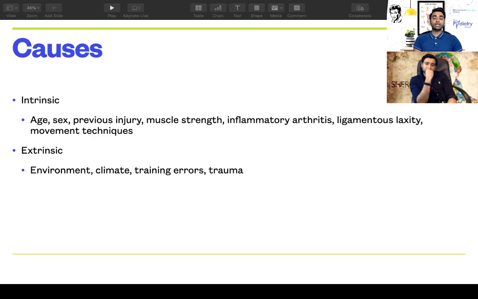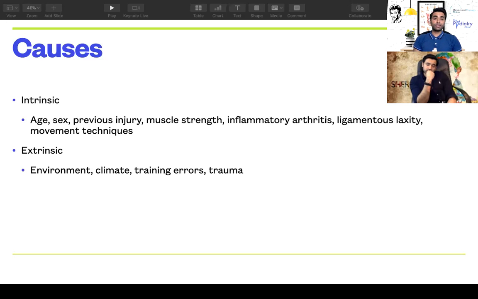It's something which gets affected in rheumatoid arthritis, ankylosing spondylitis, or psoriasis, seronegative arthritis. So it's quite a common site that I've seen in the clinical setting in the NHS. Ligament laxity and how we move can also have an impact and contribute toward the cause.